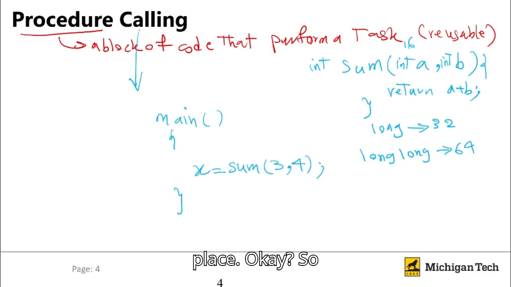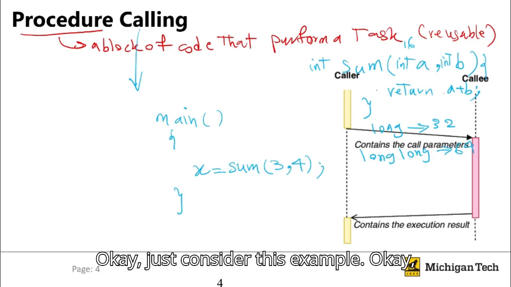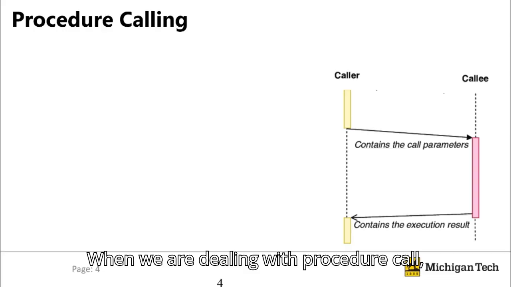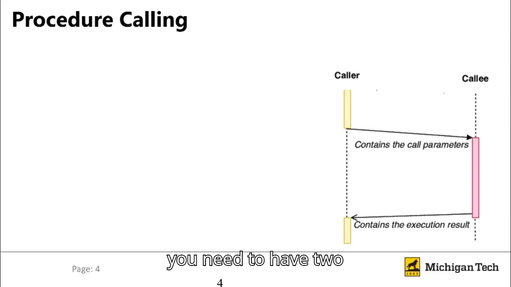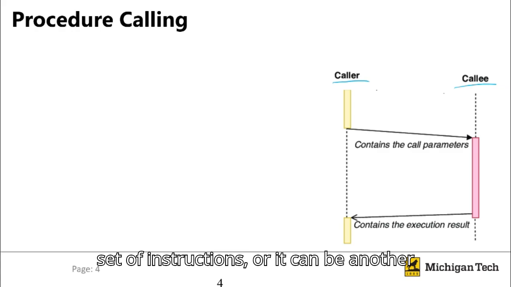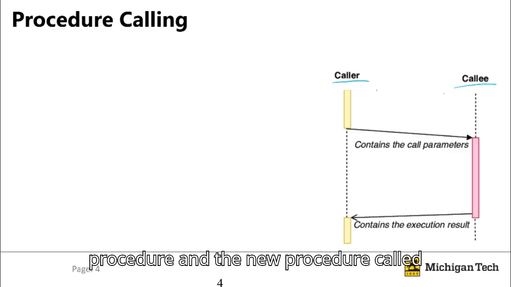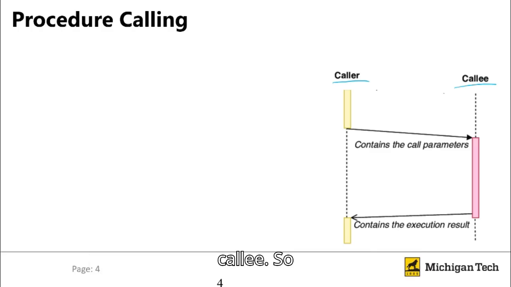Okay, just consider this example. When we are dealing with a procedure call, you need to have two definitions: caller and callee. The caller is actually a flow of a set of instructions, or it can be another function too, that calls a new procedure, and the new procedure is called the callee.